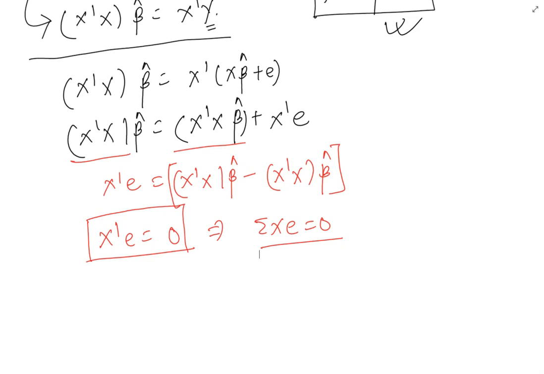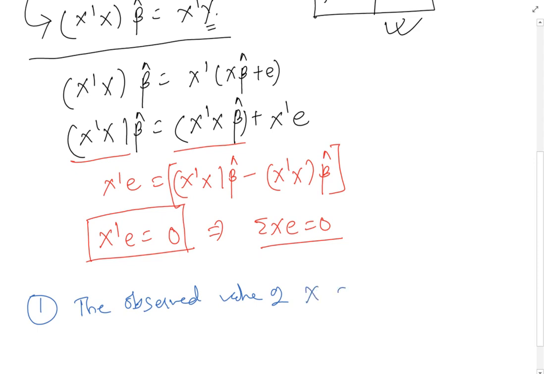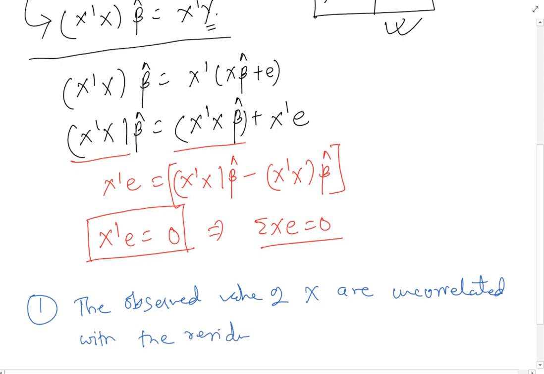Following this, we will have the other basic properties. Number 1, the observed values of x are uncorrelated with the residuals. What does this mean?